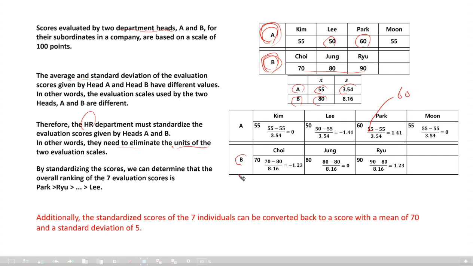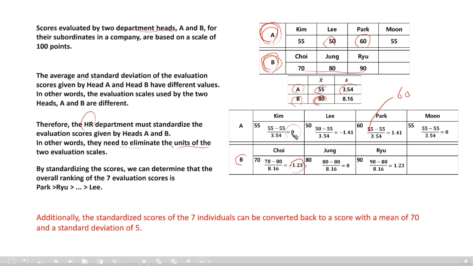For B, same thing. 70 for Choi, 70 minus its mean 80 divided by 8.16. It's minus 1.23, something like that. Then these standardized scores have no unit.